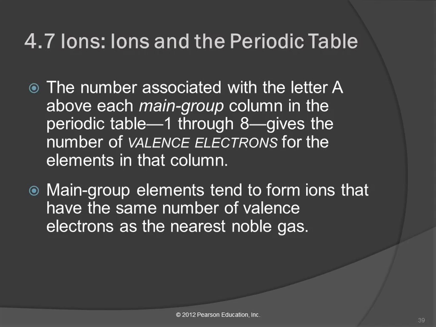There's a lot of information in the periodic table. One of the things that is helpful is the number of valence electrons. And we're not going to really explain what that is just yet, but we can predict by looking at the periodic table how many valence electrons the main group elements have.